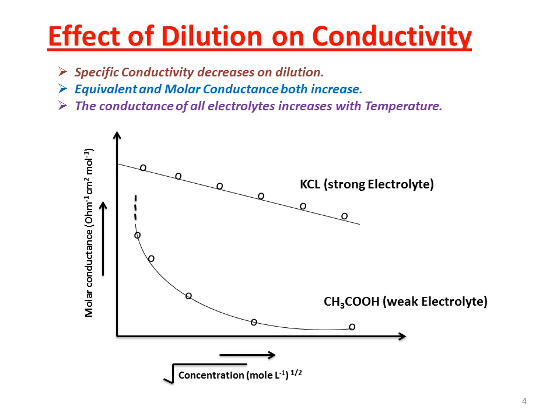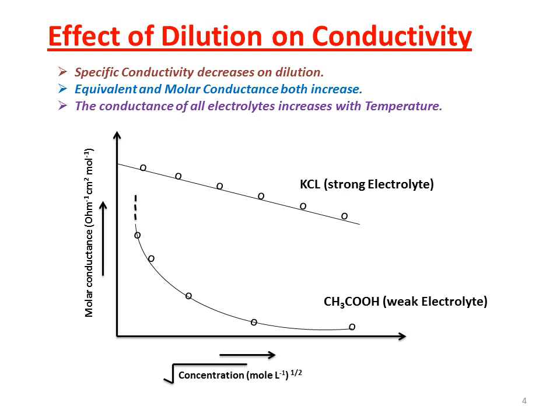So the number of ions per unit volume decreased, and because of their dilution, their specific conductivity decreases. In this way, specific conductivity is decreased on dilution.